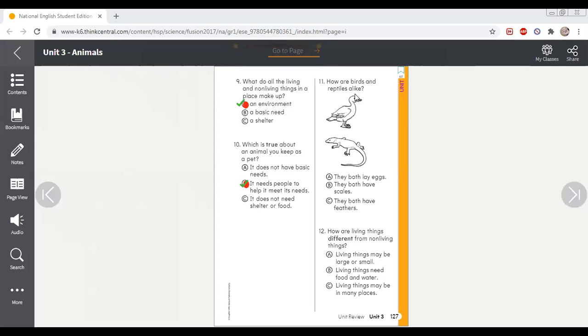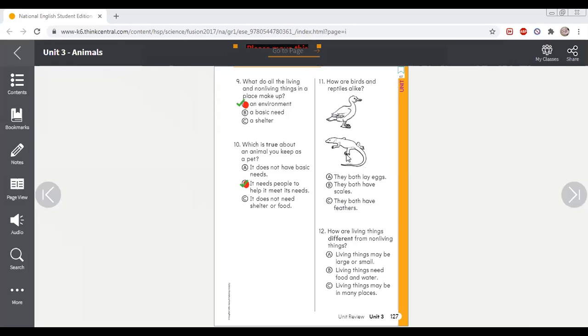A. They both lay eggs. B. They both have scales. C. They both have feathers. So, which is the same for both the birds and the reptiles? They both lay eggs, they both have scales, or they both have feathers.